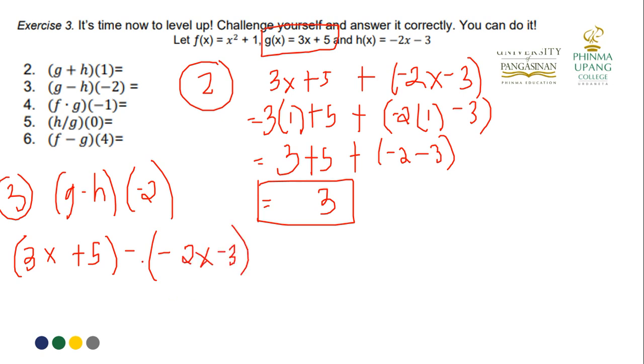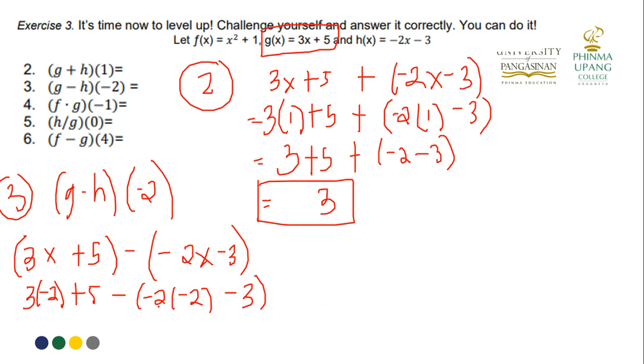So, we will replace the values, our x value is negative 2. Let's put here, 3 times negative 2 plus 5 minus negative 2 times negative 2 minus 3.